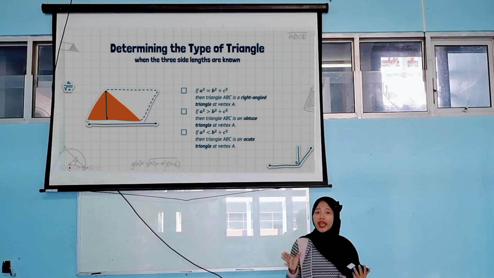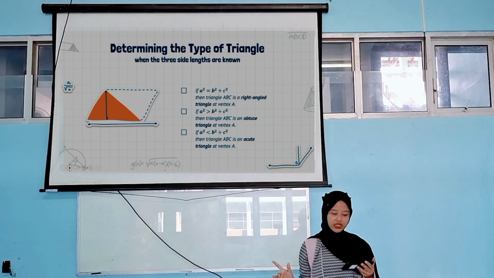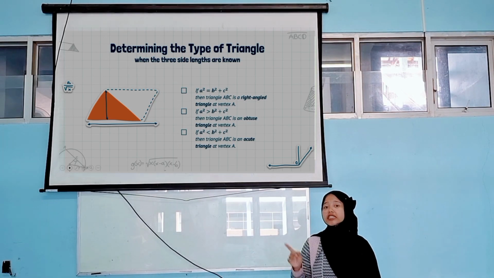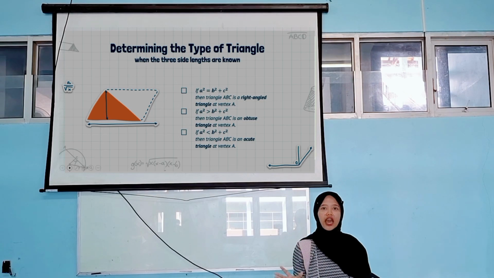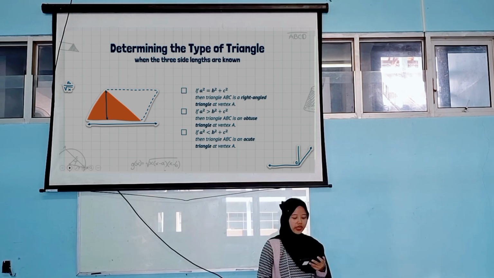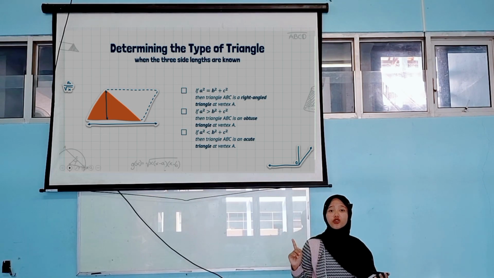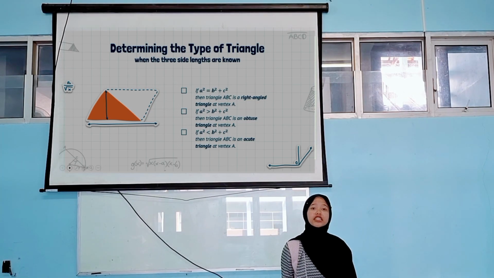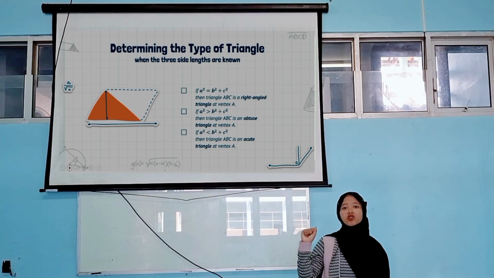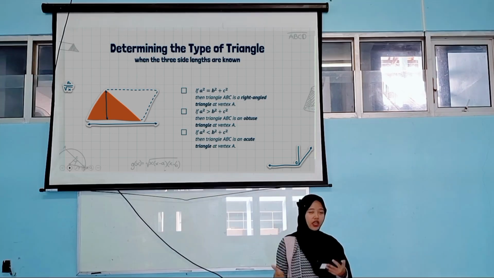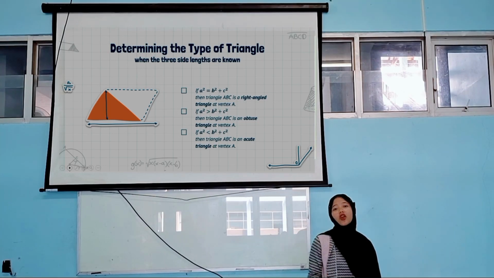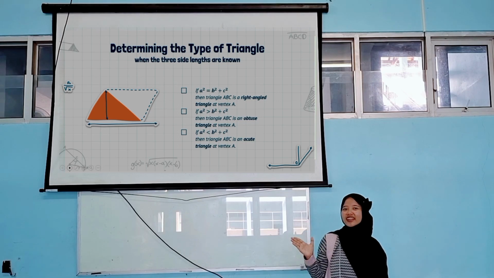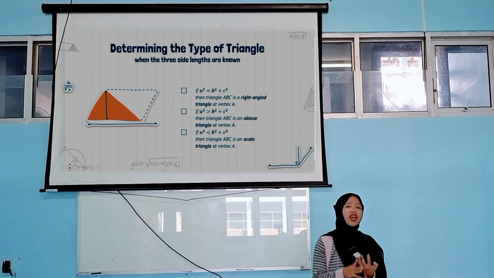If A squared is less than B squared plus C squared, the triangle is acute. All angles are less than 90 degrees. If A squared is greater than B squared plus C squared, the triangle is obtuse. One angle is greater than 90 degrees. So, just by squaring and comparing, we can tell the type of triangle without measuring angles at all.